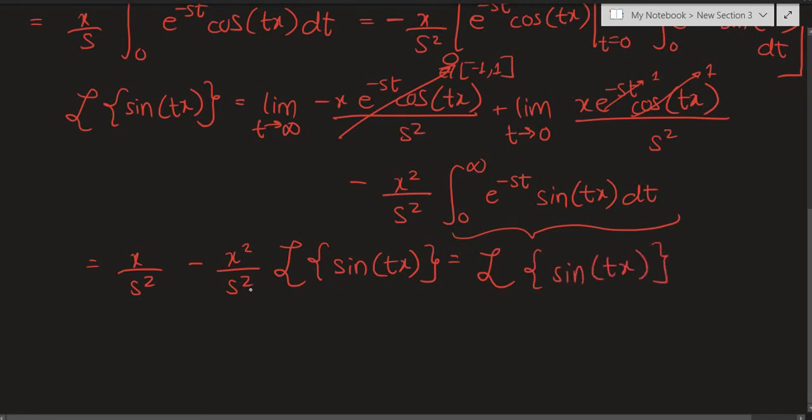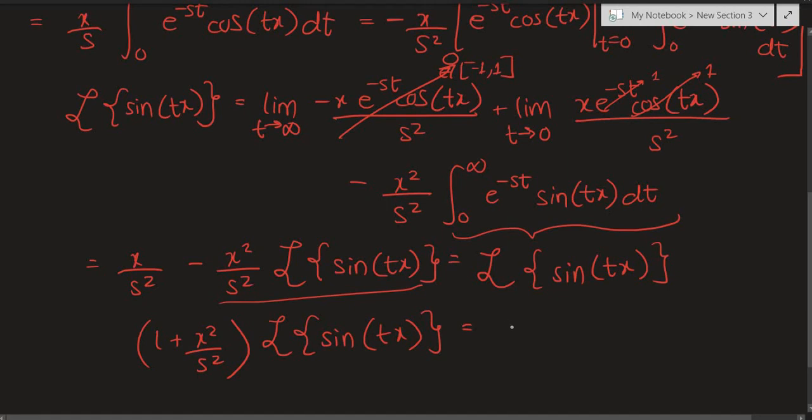So let's add this term on both sides. We obtain 1 plus x squared over s squared times the Laplace transform of sine of tx being equal to x over s squared.